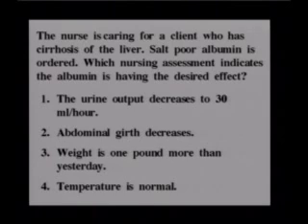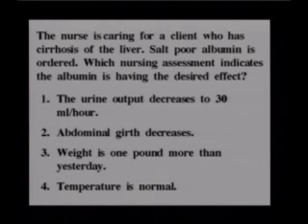Look at the data in the question. The patient has cirrhosis of the liver, and he's given albumin. Now, patients with cirrhosis of the liver have ascites. So they have an enlarged abdomen with fluid in the abdomen. One of the reasons they have ascites is they don't have enough albumin in their system. We'll talk about some other reasons on another session. But they don't have enough albumin in their system because it's the liver that makes albumin, and they have a sick liver.